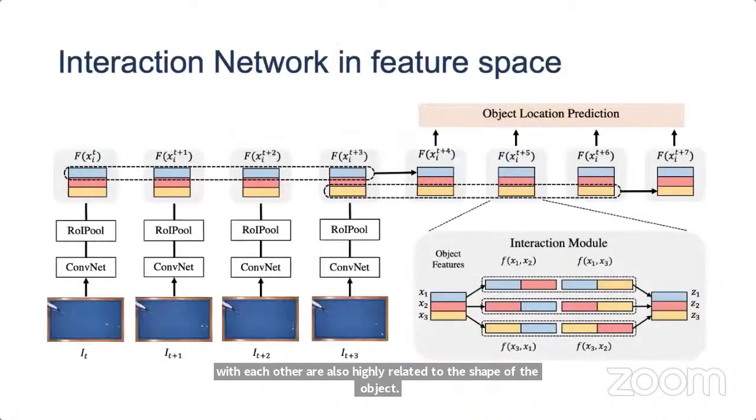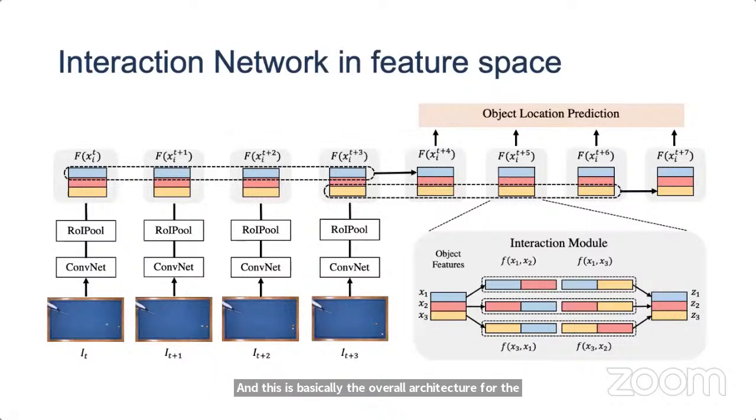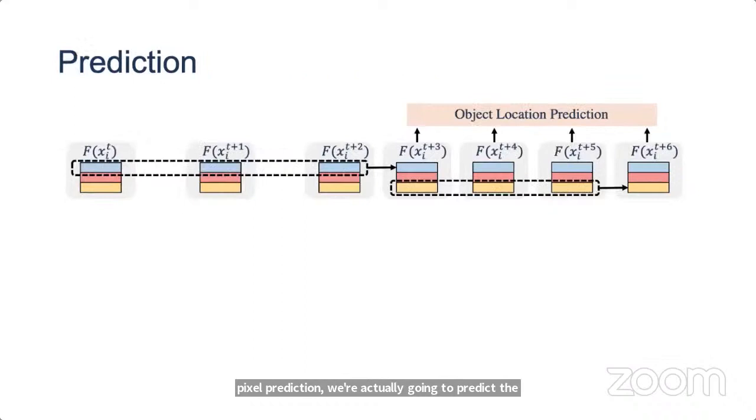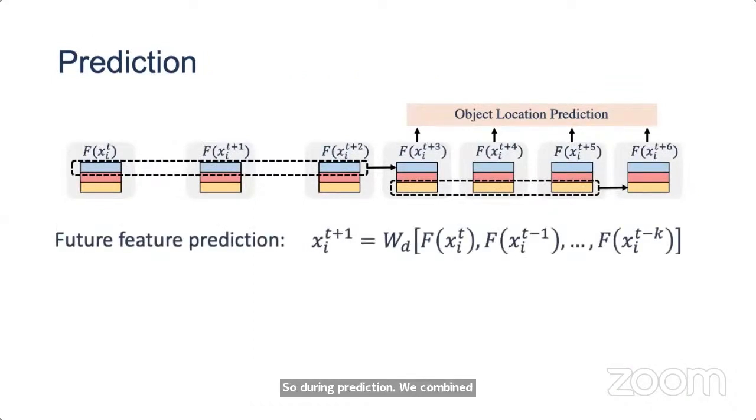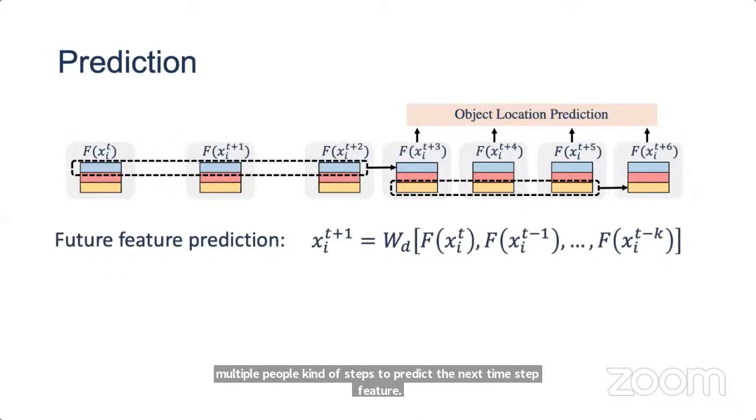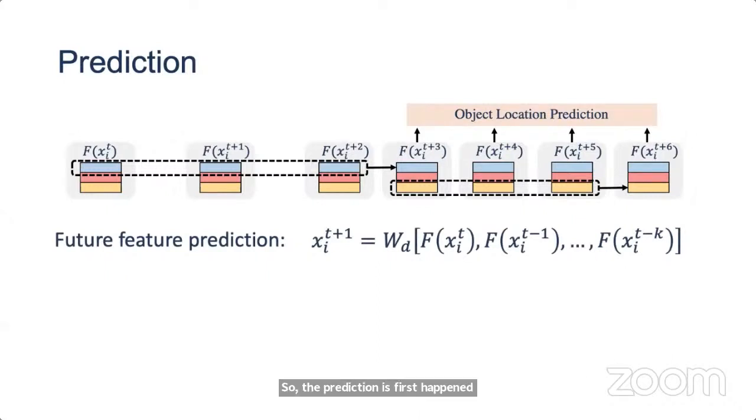And this is the overall architecture. For the model prediction, instead of directly predicting pixels, we predict the location of the objects in the future. During prediction, we combine the features from multiple time steps to predict the next time step feature. So the prediction first happens in the feature space.